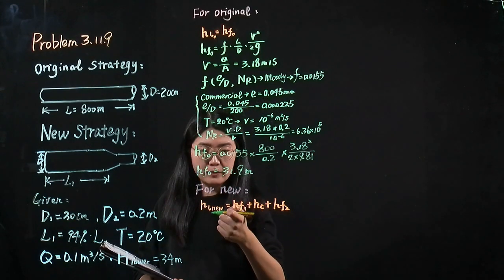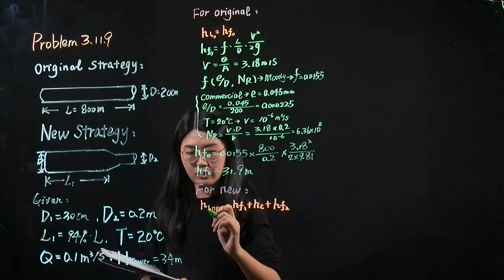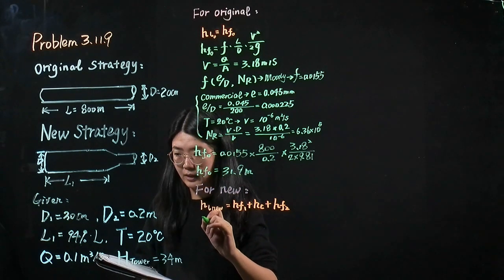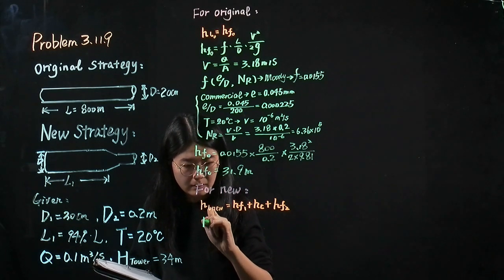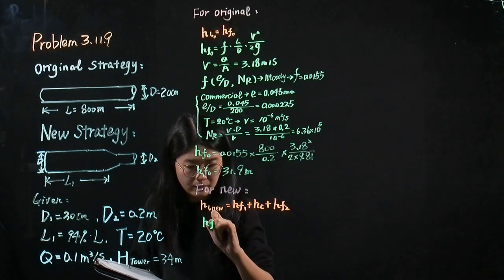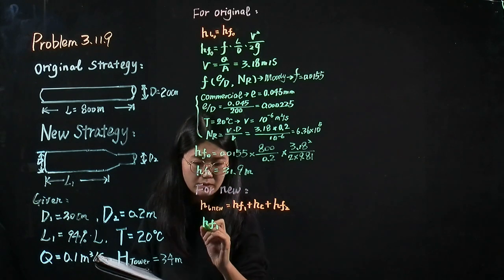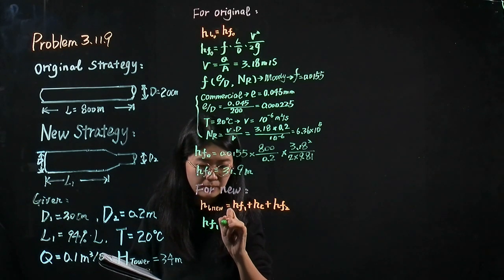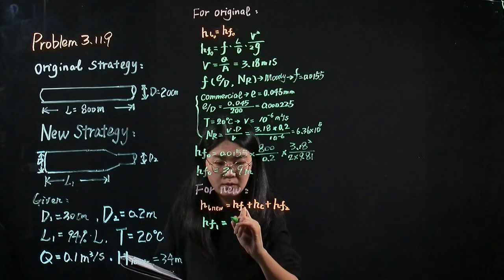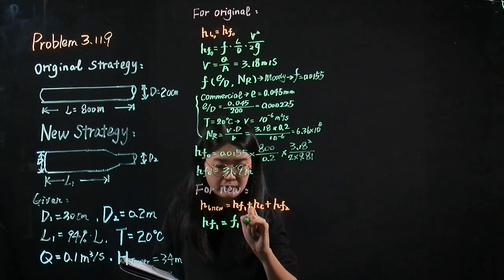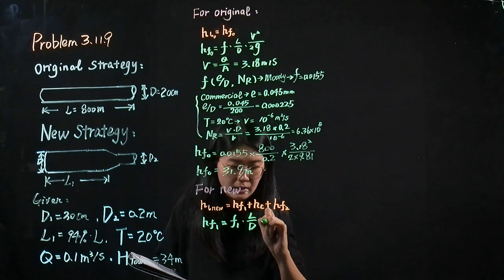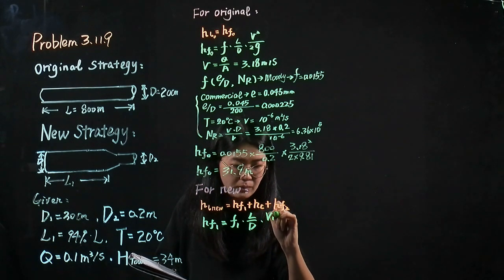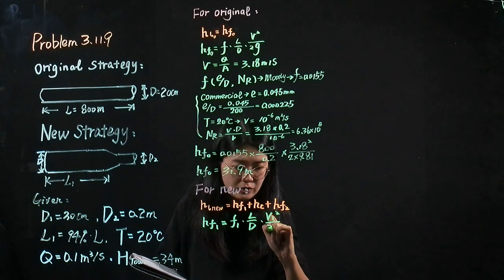So HF1 is equal to the Darcy-Weisbach equation, which is HF1 equals F1 times L over D times V1 squared over 2G.